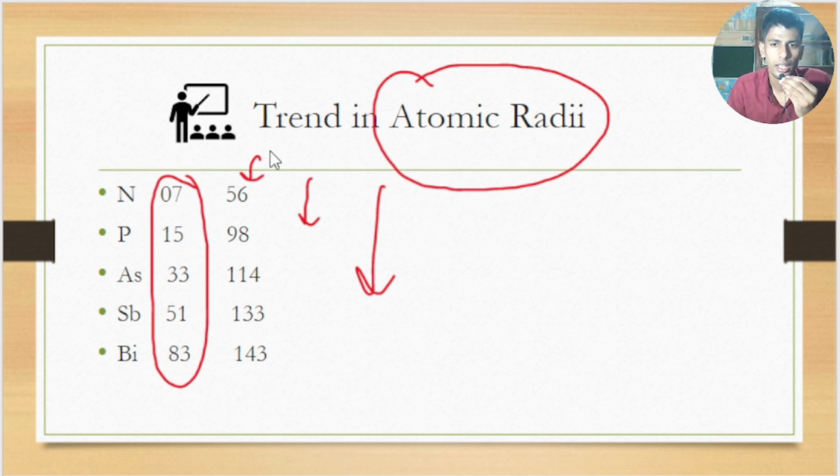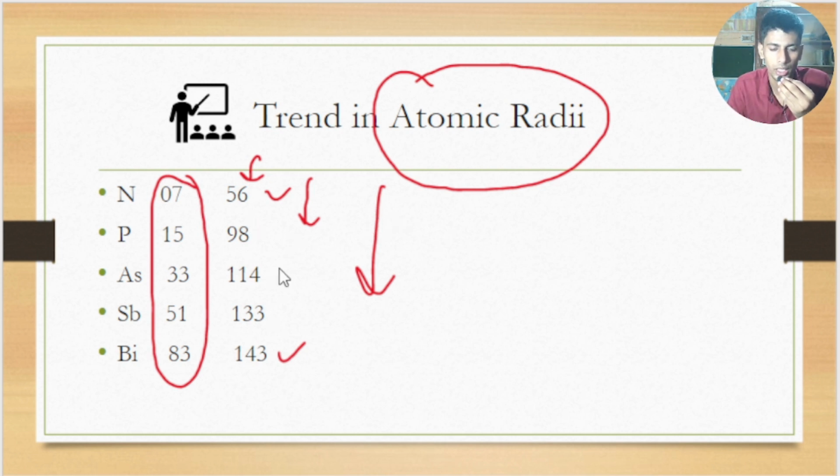But in this particular case, although the atomic radii increase from nitrogen to bismuth, 56 to 143, the increase becomes gradual as we move down the group.